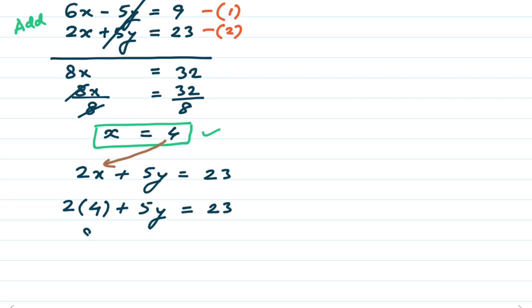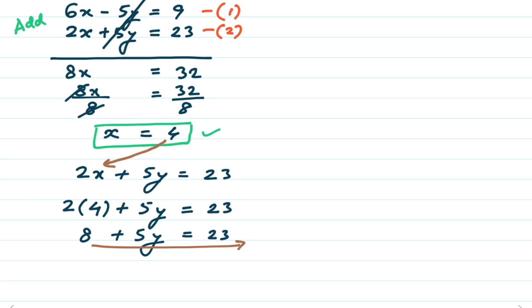That is 8 plus 5y is equal to 23. So take the 8 to the other side.